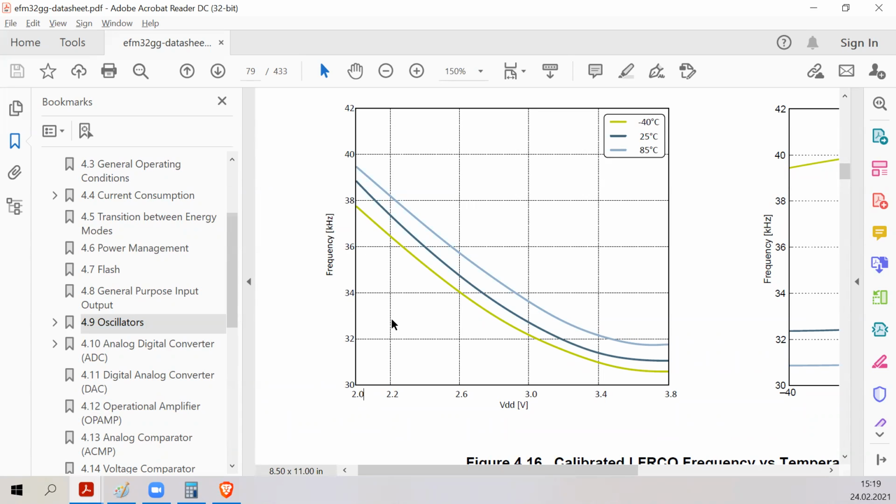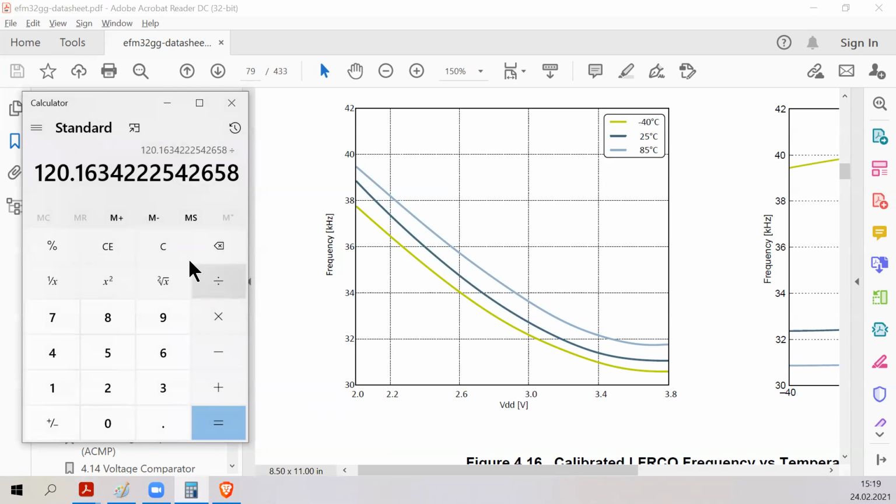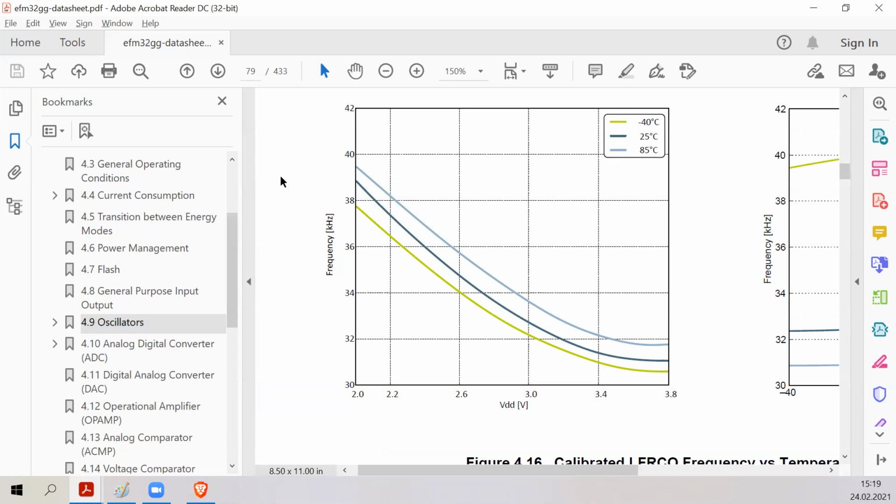So you cannot have, for example, a clock that shows you time, and the time is running something like, I don't know how many percent. So 38 divided by 32. So almost 20% faster. So you build a wall clock, it shows you that it's, for example, 15 and 19 minutes, but the clock at low voltage runs 20% faster.